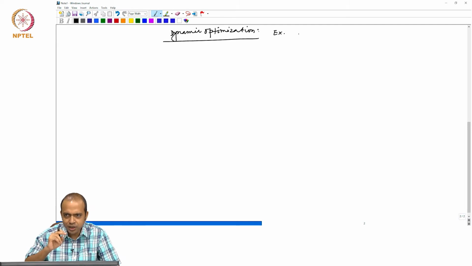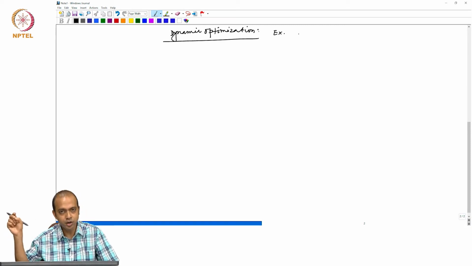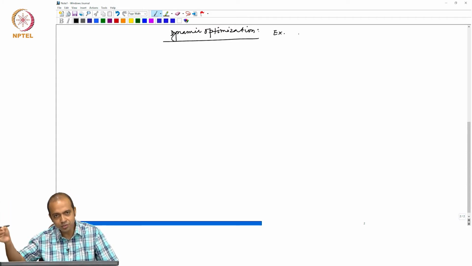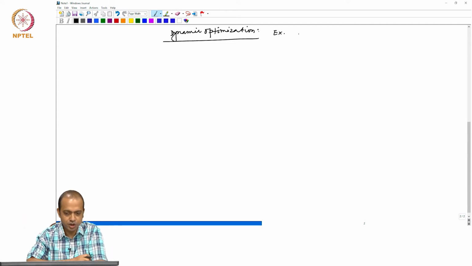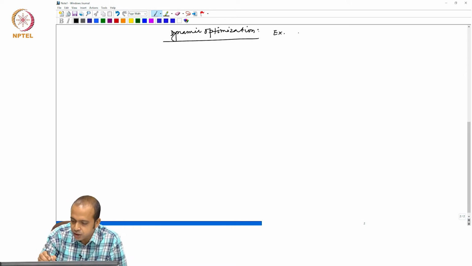So, the economy is trying to decide the optimum investment at each and every time period, so that at the end of the 5th year the economy will achieve a certain level of capital stock, and the cost of such investment should be minimum. That is what is called dynamic optimization. So, the example is, let us say, India's 5 years plan.